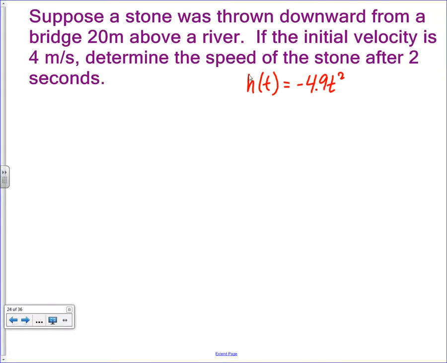Which means it should be negative 4. And how about an initial height? 20. So here's my function. At what instance in time am I concerned with? 2. So I need to take 2 and plug it in and figure out how high that stone would have been after 2 seconds.